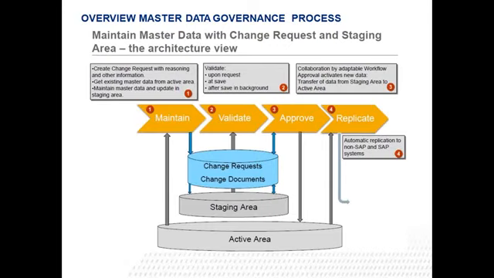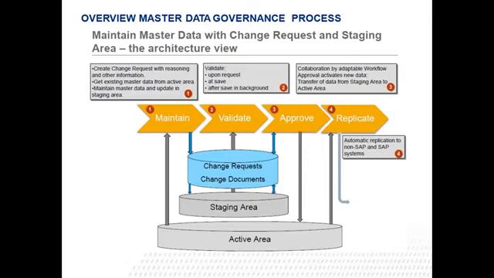Once I have updated my information, I have to replicate it to the downstream system. For that purpose, a replication framework has been provided in SAP MDG, which takes the information from the active area and sends that updated master data record to the downstream systems. So this is how it happens internally at the database level and UI level.